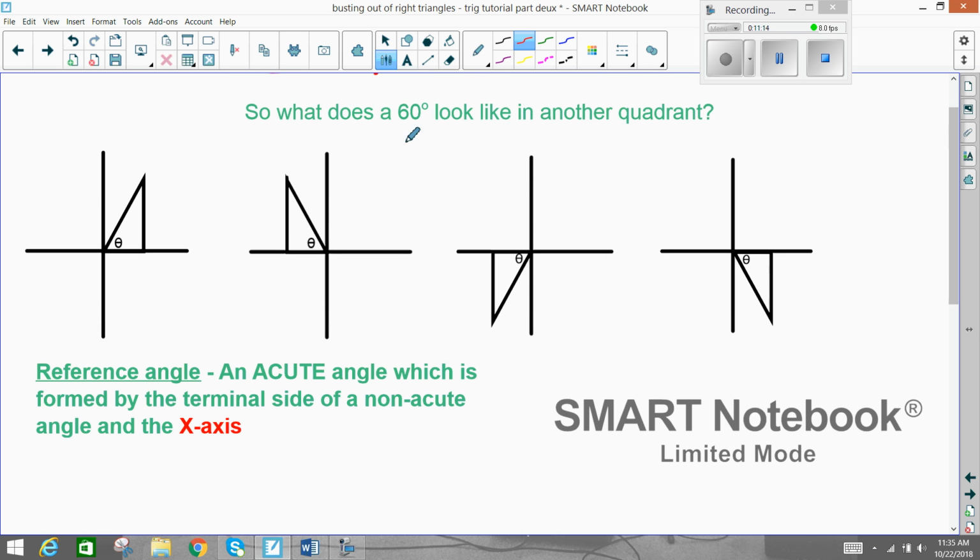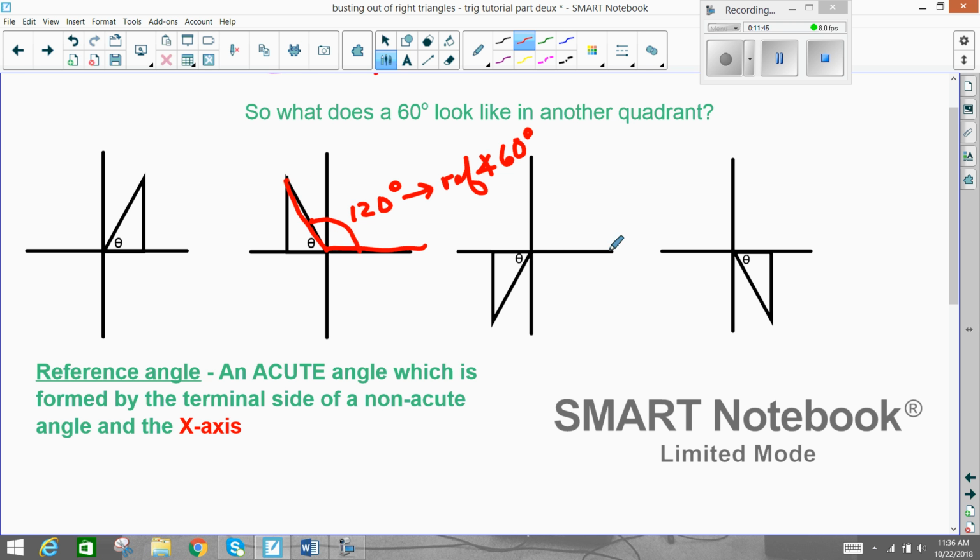So what does a 60-degree angle look like in another quadrant? Well, here's my 60-degree angle, okay? And I've rotated my triangle over that way. So if that's 60 degrees, what's that angle there? That's right, it's 120 degrees. So the reference angle of a 120-degree angle is a 60-degree angle, okay?